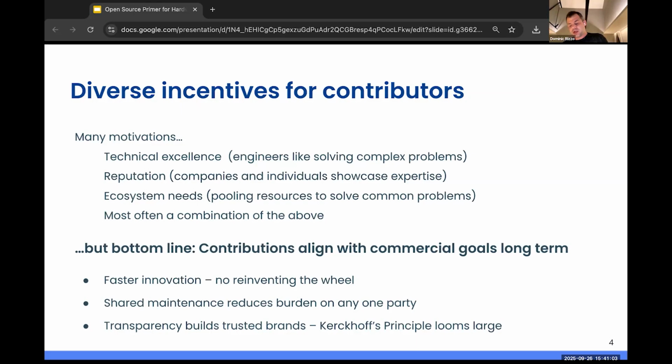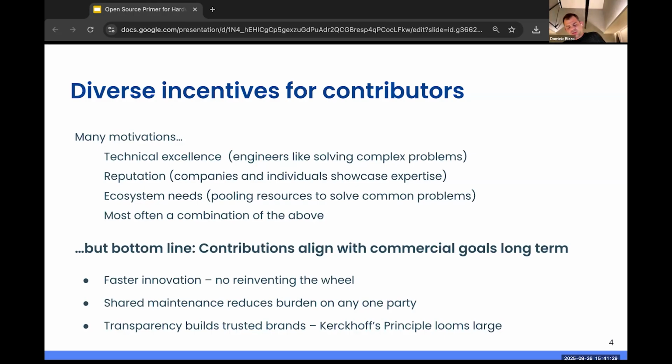So companies often get involved because it can speed the pace of innovation. They can align on commodity implementations, no need to reinvent the wheel. The maintenance burden can be shared long term for common goods. It's easier to amortize that burden over the long term as opposed to taking it on solely yourself.